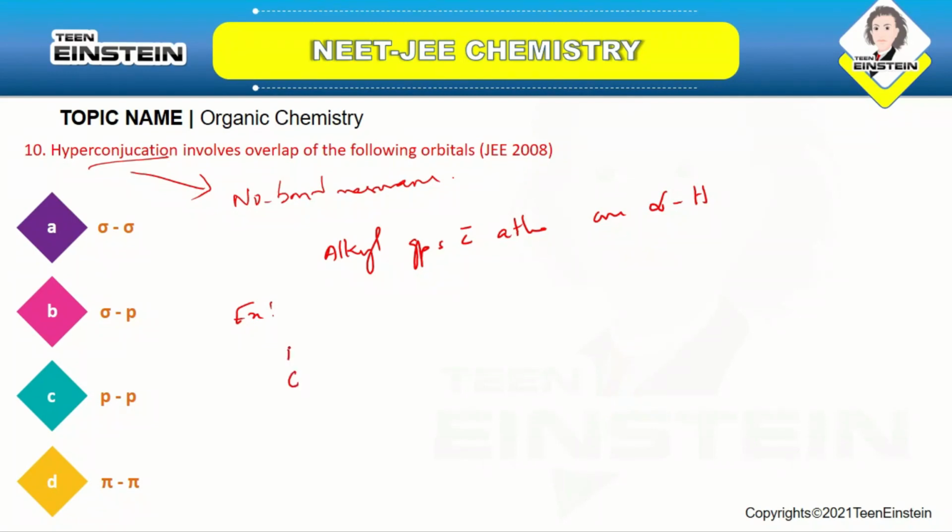So in this unsaturated carbon atom, here CH double bond CH2, in this compound hyperconjugation takes place, that is the sigma electron of the CH bond is delocalized.